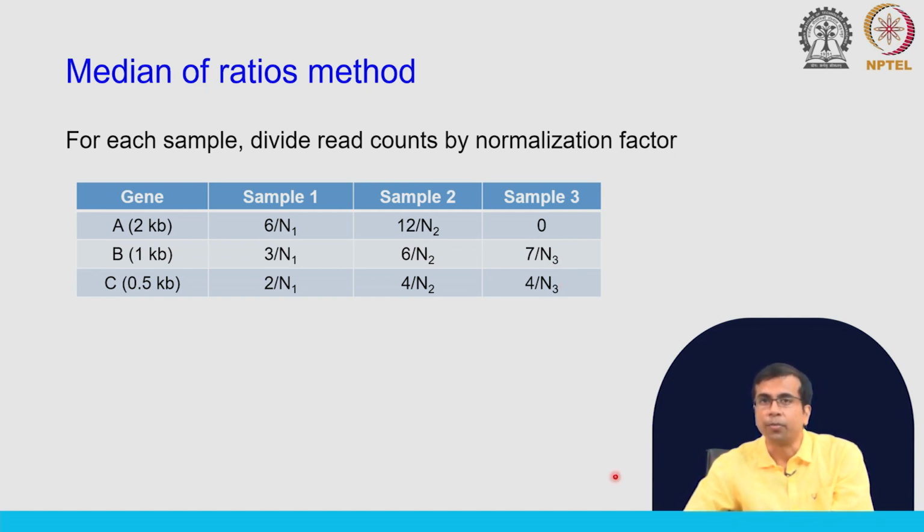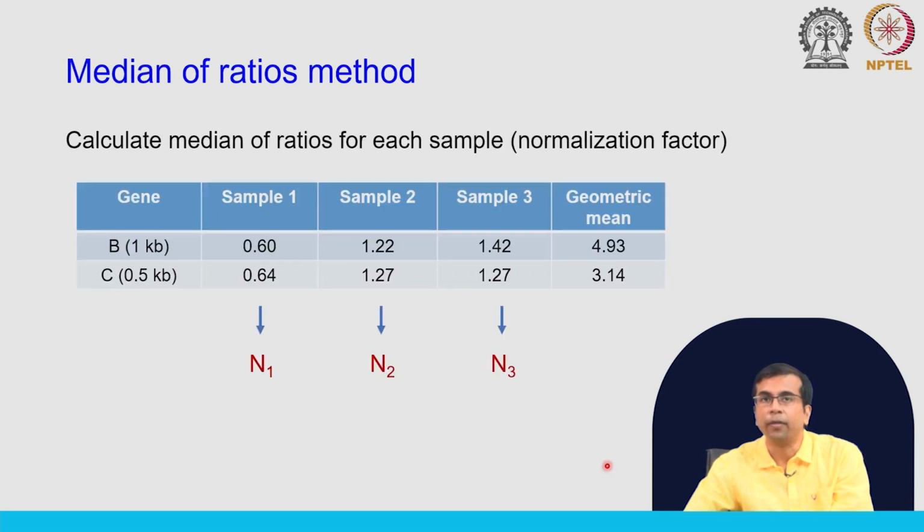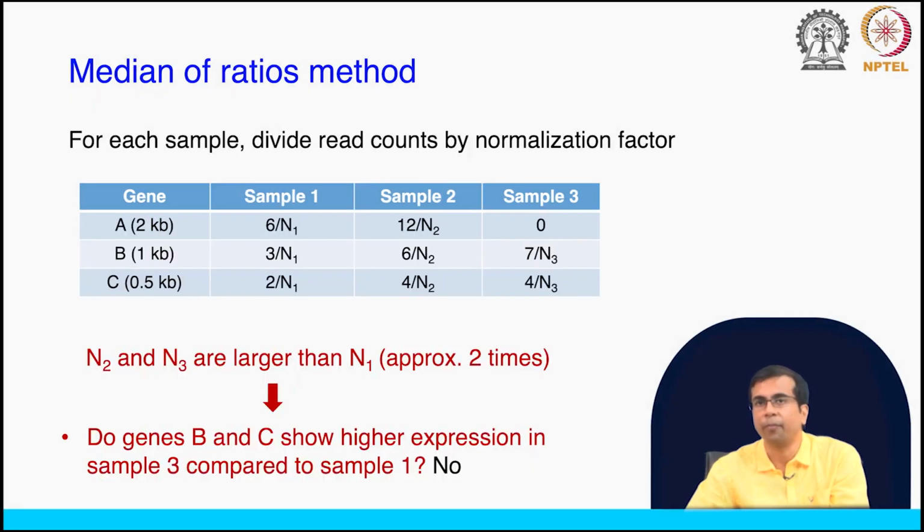One of the things you probably realize if you go back to this table is that for sample 2 and sample 3, the median would be higher compared to sample 1. It will be almost twofold, 2 times higher, approximately, of course. Again, it does not make sense, but if you think for a moment, N2 and N3 will be larger than N1 in this example, approximately 2 times.